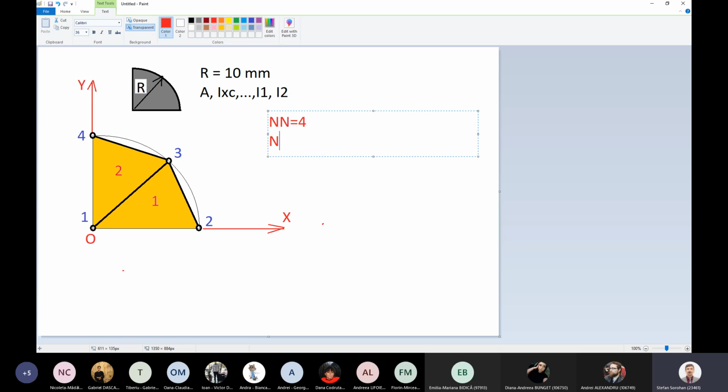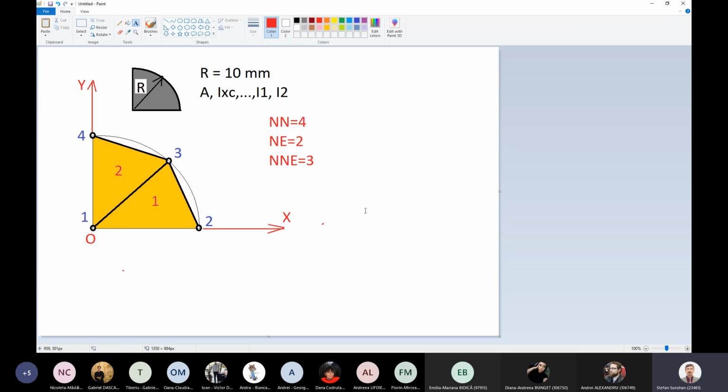The total number of elements is 2. And the number of nodes per element is 3, because to define a triangle, we need 3 nodes.